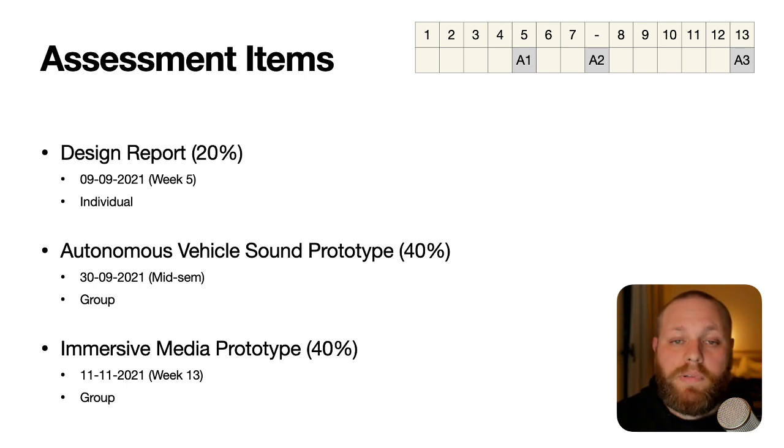So in planning your time and approaching this semester, I think it's important to note that Assessment 1 and Assessment 2 are kind of paired together at the front there to get you prepped in Assessment 1 for that investigation and interrogation component of the learning outcomes, moving into Assessment 2 where you're actually going to implement some of those interaction design strategies to focus on an actual sound design for an autonomous vehicle.